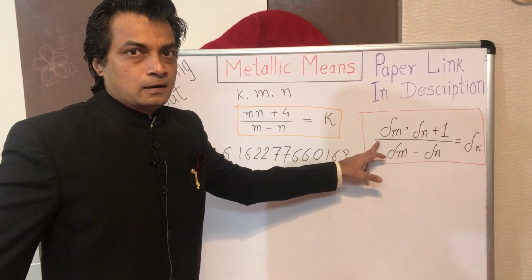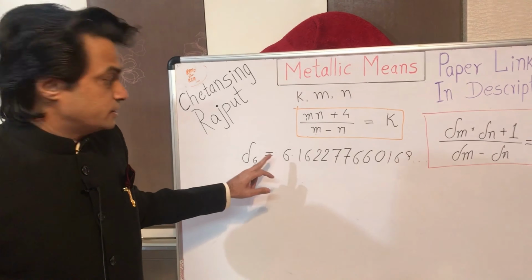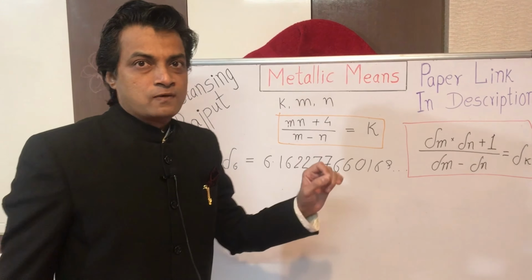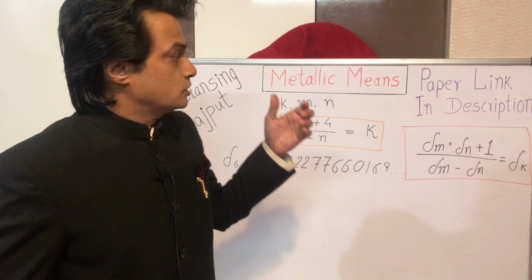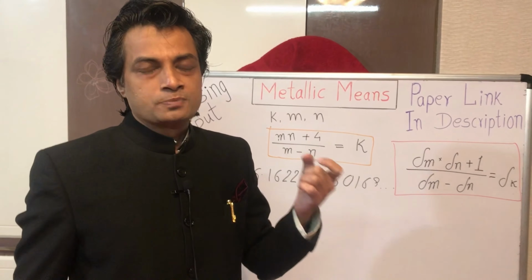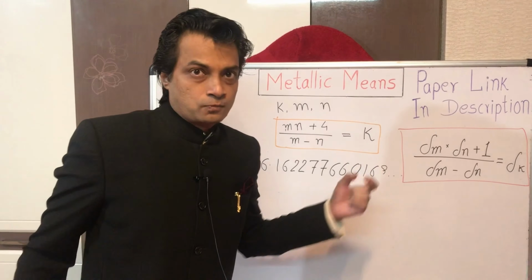Using this formula, the sixth metallic mean can give us the precise values of a number of metallic ratios. The exact values of several metallic means can be derived from delta 6 using this formula.